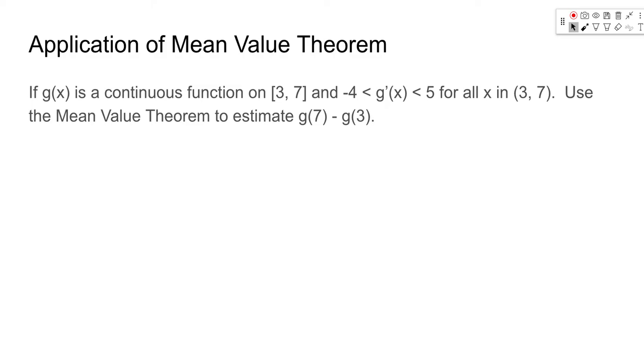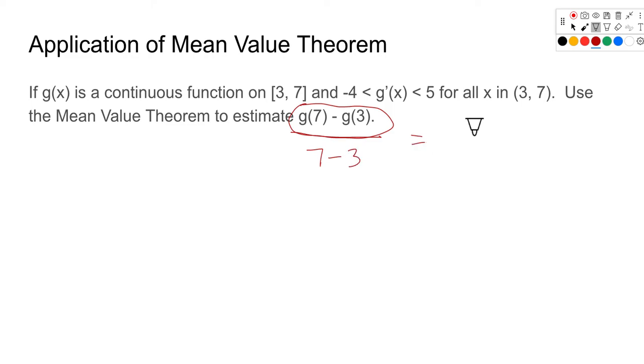Okay, so the way we go about doing this is we're going to try to estimate this right here. And notice that's the top part of the fraction, the top part of the average rate of change. What would be the bottom of the average rate of change? 7 minus 3.